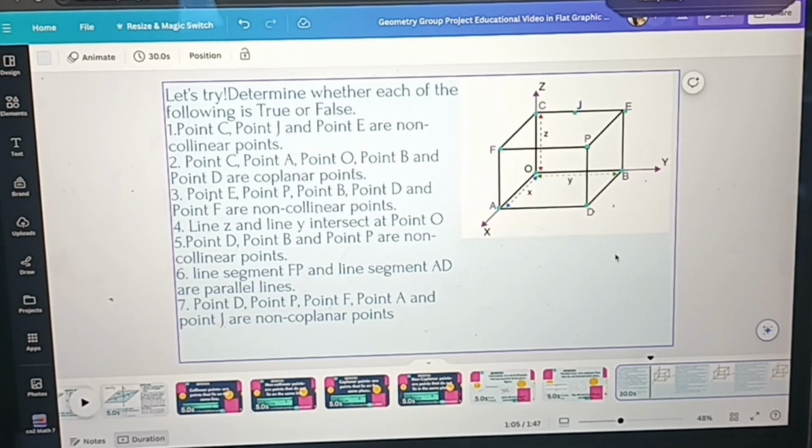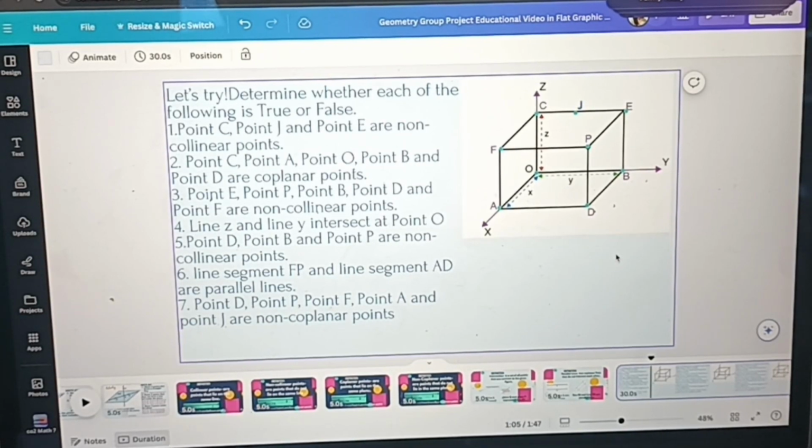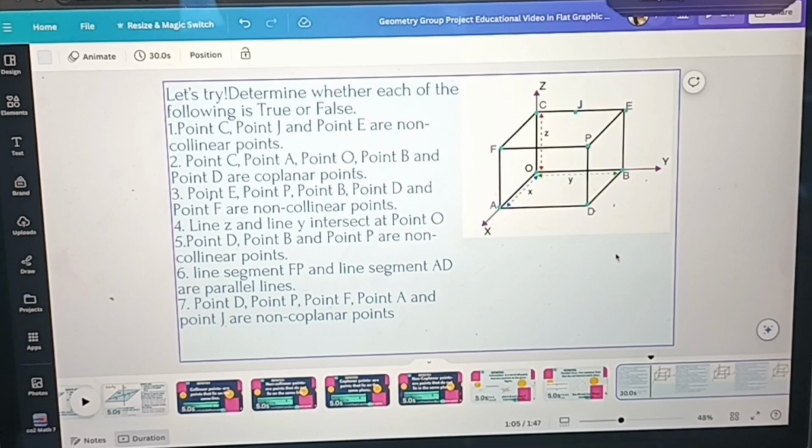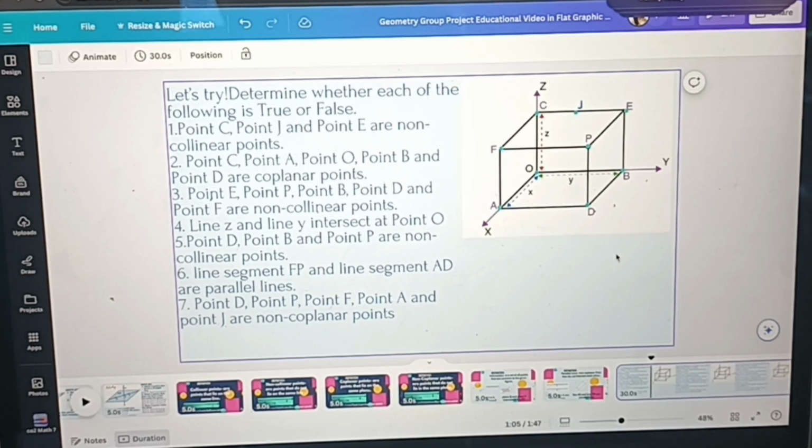Okay, let's try to answer this one. In a piece of your notebook, you are going to answer. Let's try determine whether each of the following is true or false. Number one, point C, point J, and point E are non-collinear points.